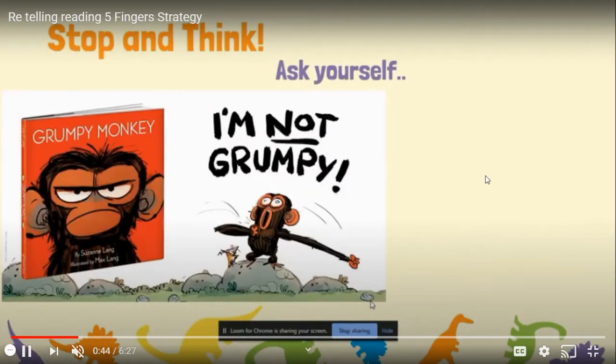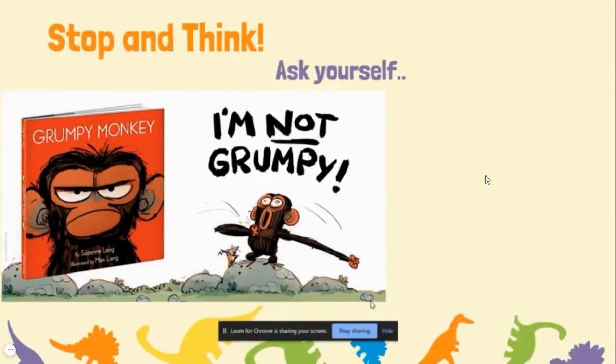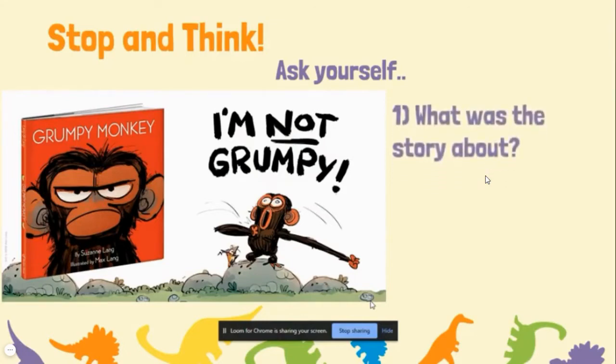Okay, so we're going to stop and think about the book that we just read, The Grumpy Monkey by Suzanne Lang, which was about a monkey that was always saying, I'm not grumpy. So when you read a story, you need to ask yourself the following questions in order for you to better understand the book you're reading or to retell the story to a person or to a friend. Okay? So the questions are number one, what was the story about?